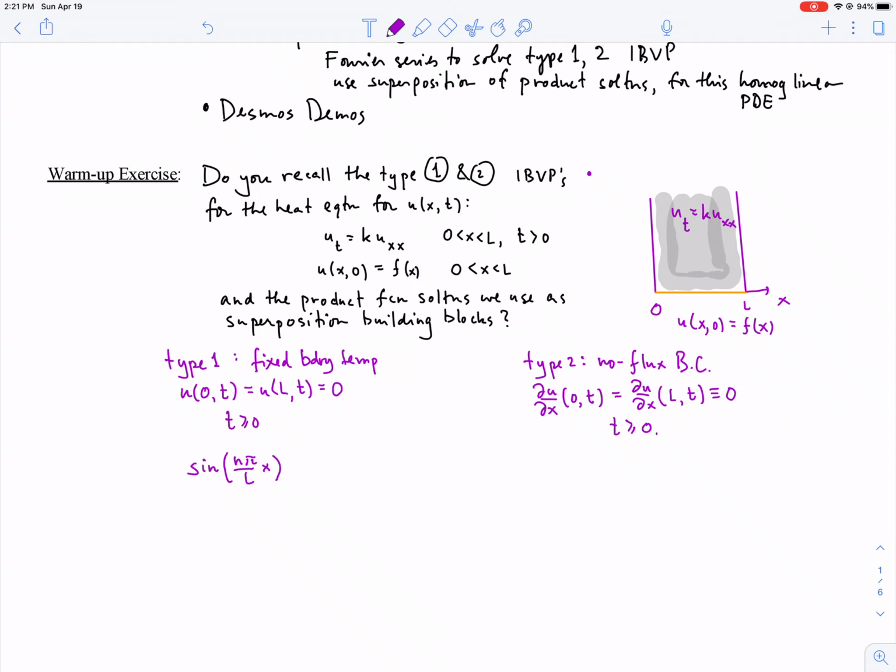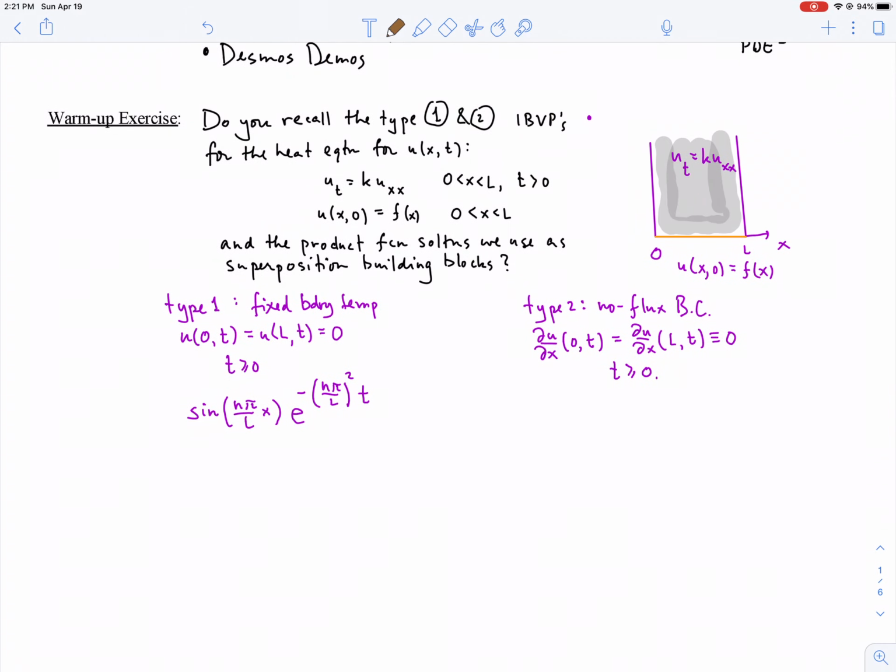That would make them 0 when x is 0 and when x is L. And then the t function that you had to multiply by to get a solution to the heat equation was e to the minus this coefficient, this angular frequency, which was also the eigenvalue, minus n pi over L squared times t. We already figured out from first principles how to come up with these, but now that we have them, let's just check.